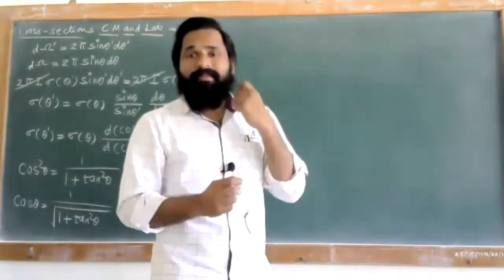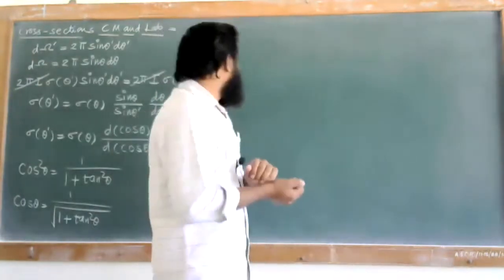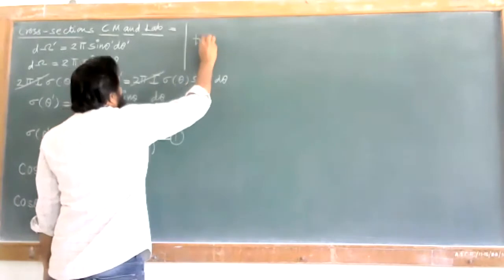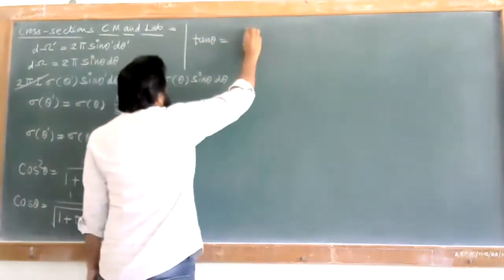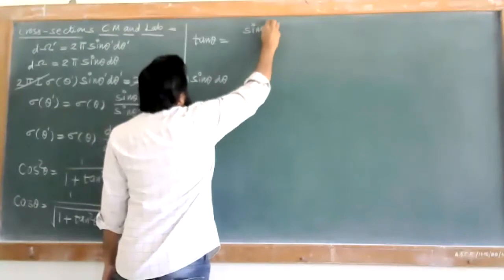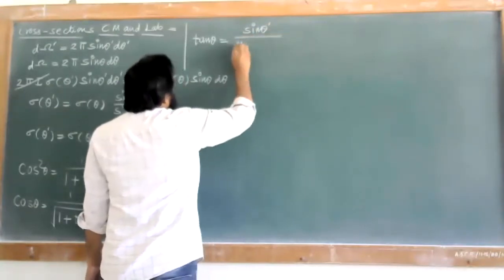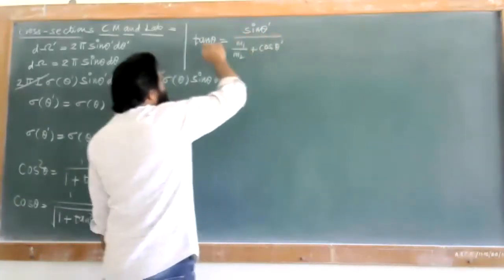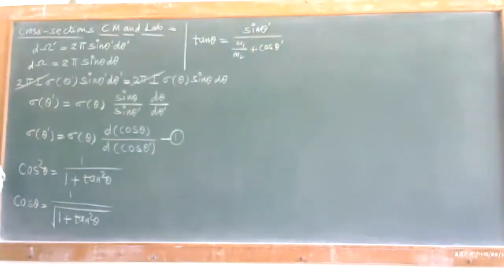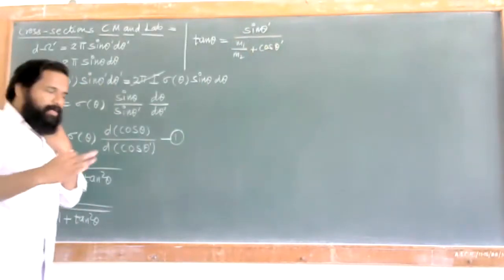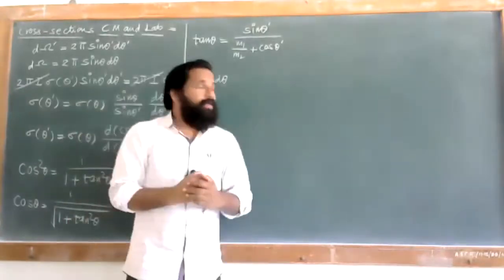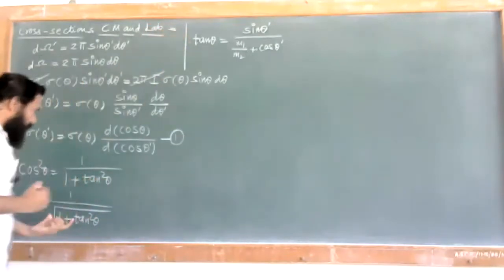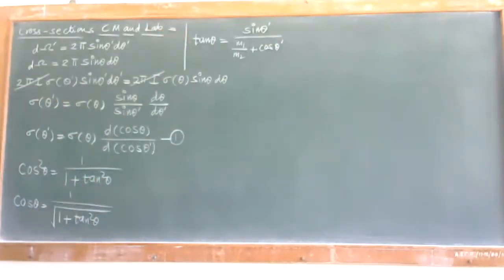When we studied elastic scattering, we had a relation, and that relation is tan of theta is equal to sin of theta dash divided by m1 upon m2 plus cos of theta dash. So this is the relation between the scattering angles theta and theta dash. We studied these relations in terms of position vectors, velocity, and momenta, and we can have that angle. So we have these relations. I'll just use the value of that tan theta here, and I'll write it like this.